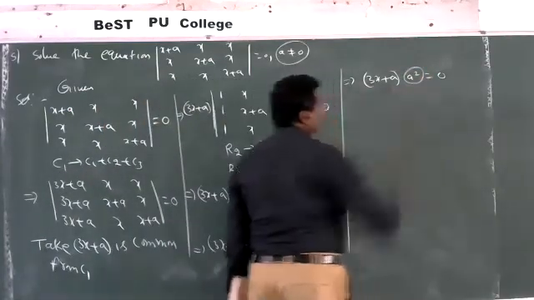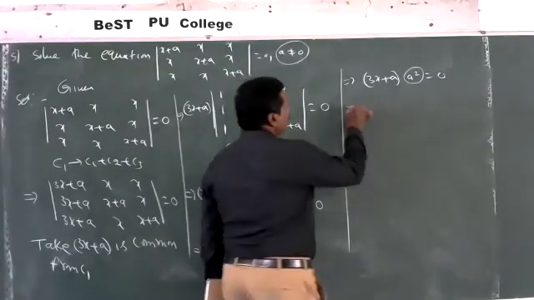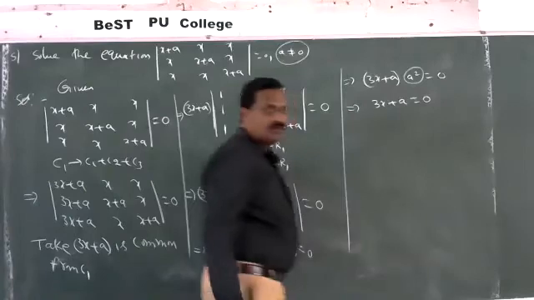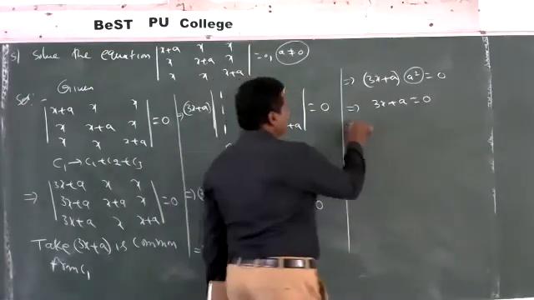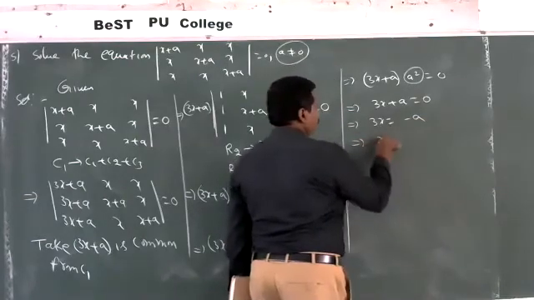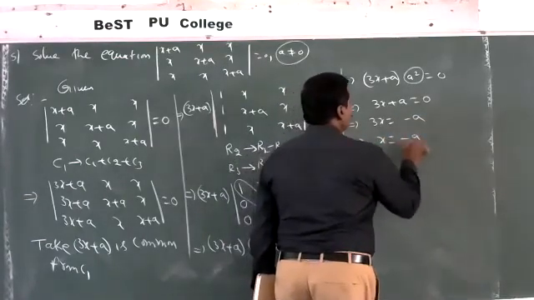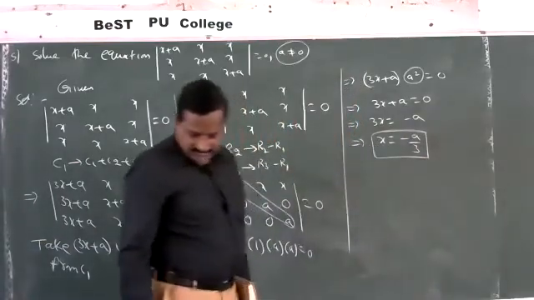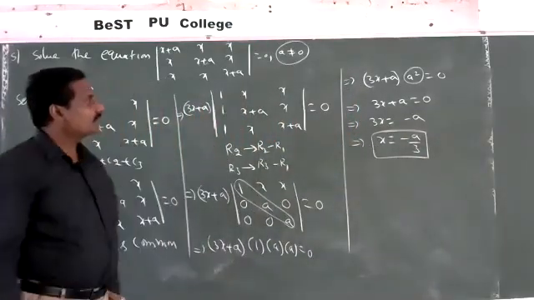This implies 3x plus a equal to 0. From this 3x equal to minus a. From this x equal to minus a by 3. Note down.